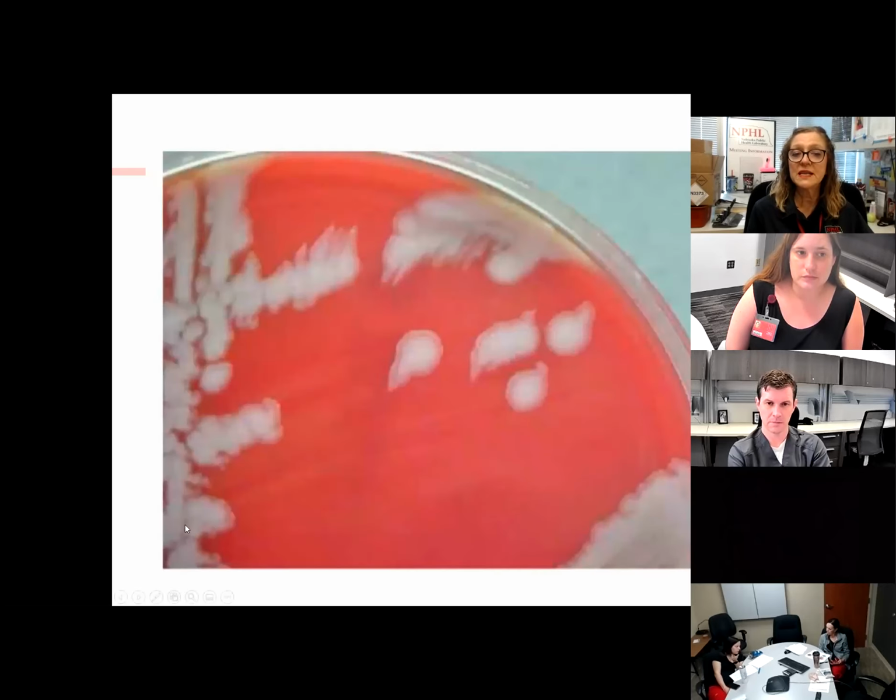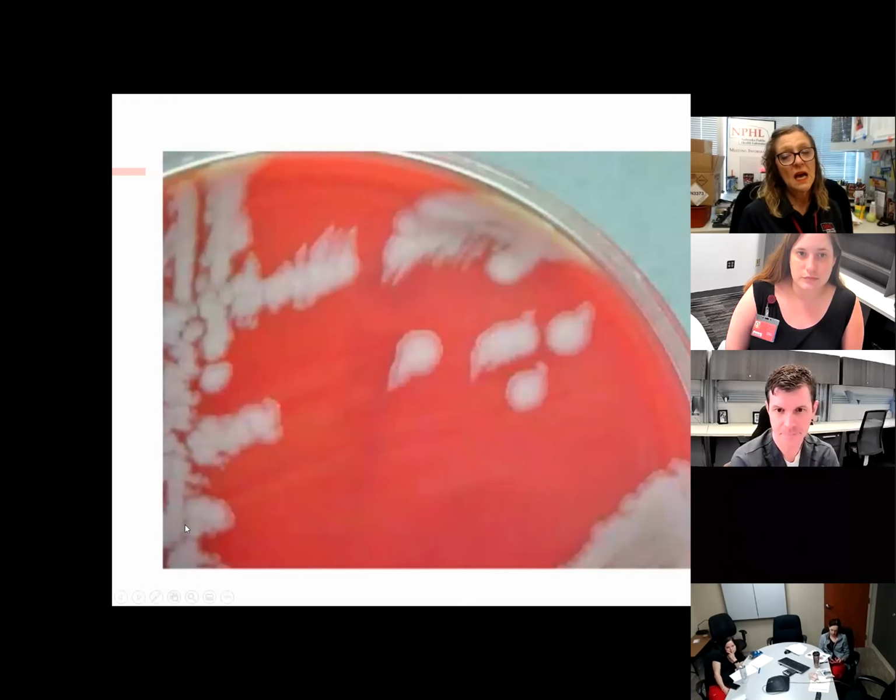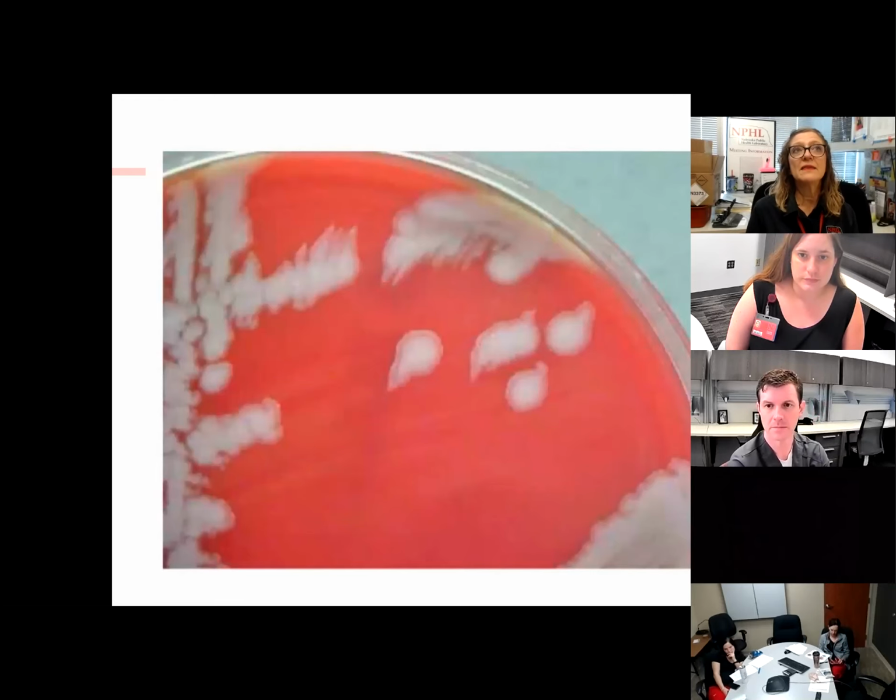Okay, what are you going to see once you open up those plates? I wouldn't even open the plates until you get into the biosafety cabinet.